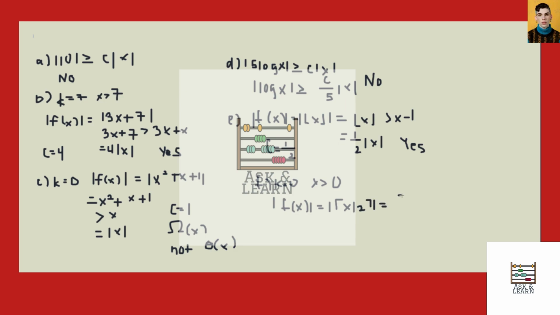We get the function is greater than x divided by 2, which is equal to 1/2 absolute value of x. So c is equal to 1/2. And by the definition of the big omega notation, f of x is omega of x with k equals 0 and c equals 1/2. And since it is omega, it is theta as well.